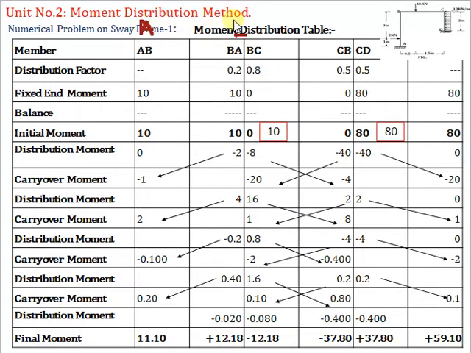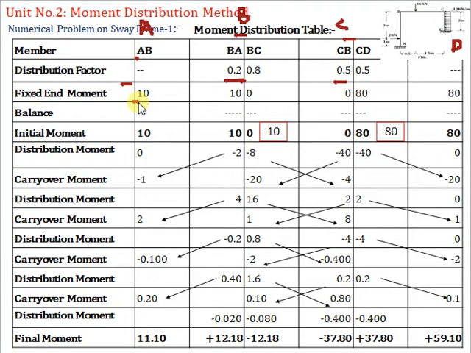First joint is A, then joint B, then C, and last is joint D. Member AB is connected to A, members BA and BC to B, members CB and CD to joint C, and the last member DC to joint D. Then the distribution factors: for internal joint B 0.2 and 0.8, and for internal joint C 0.5 and 0.5. This we saw in the first video.